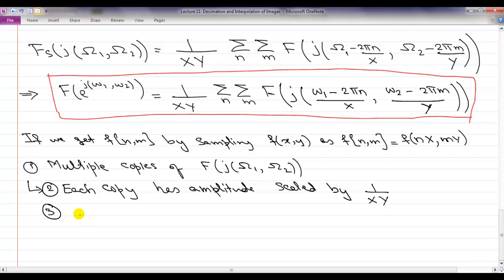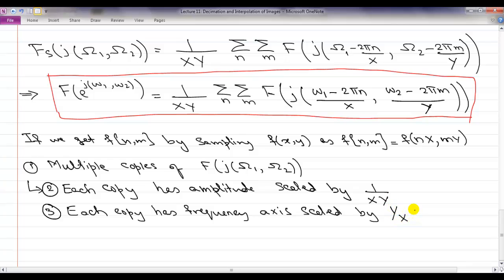Each copy that we obtain has frequency axis scaled by 1 over x, so we multiply it with x, so scaled by x in omega 1 direction and by y in omega 2 direction.